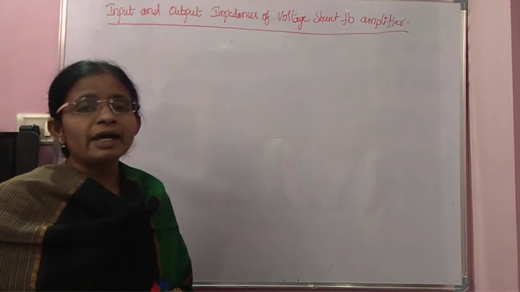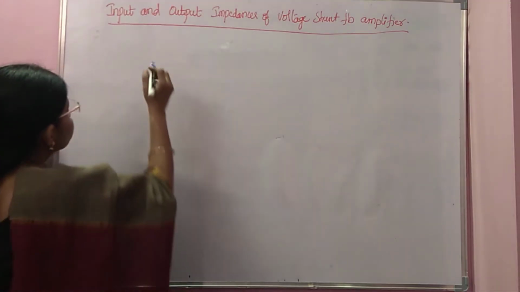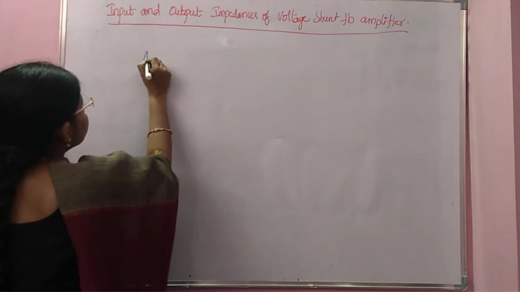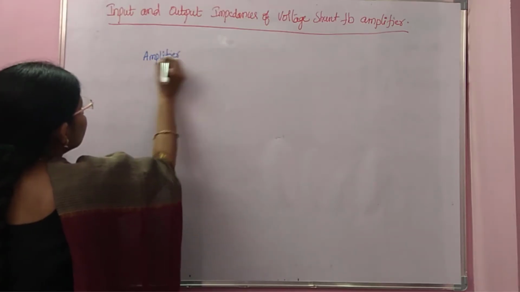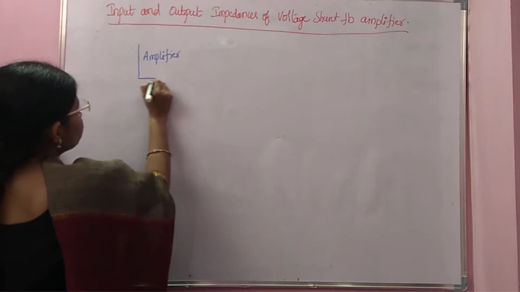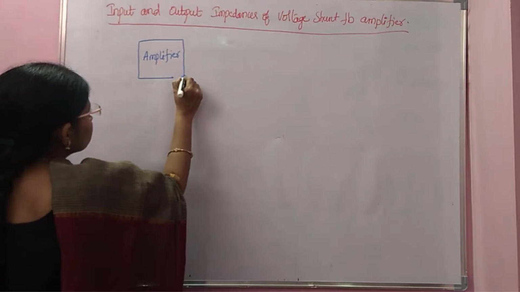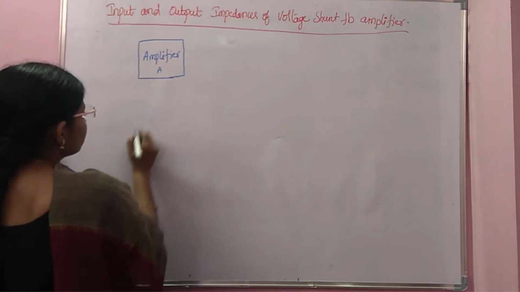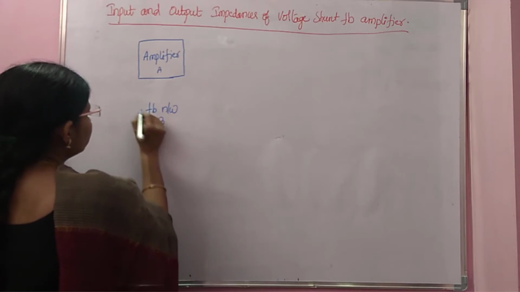Let me draw the block diagram of this voltage shunt feedback amplifier. Here is the amplifier, and the feedback network of factor beta.